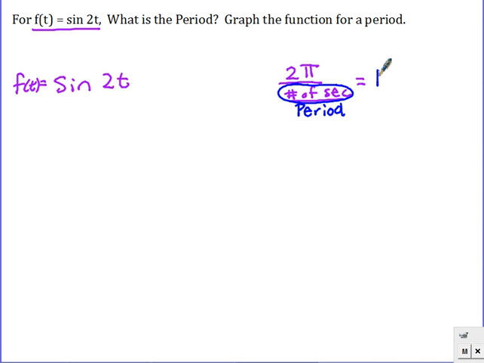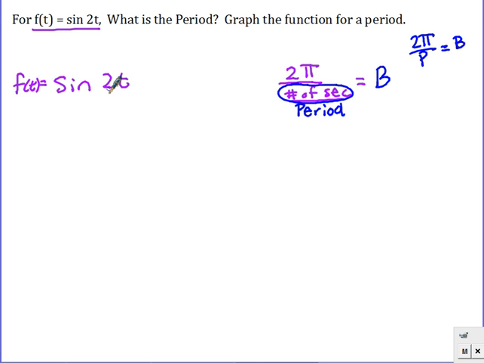In pre-calculus, we call it b. So the formula here is 2 pi divided by the period gives you the b value that goes right here. That's really the horizontal dilation.